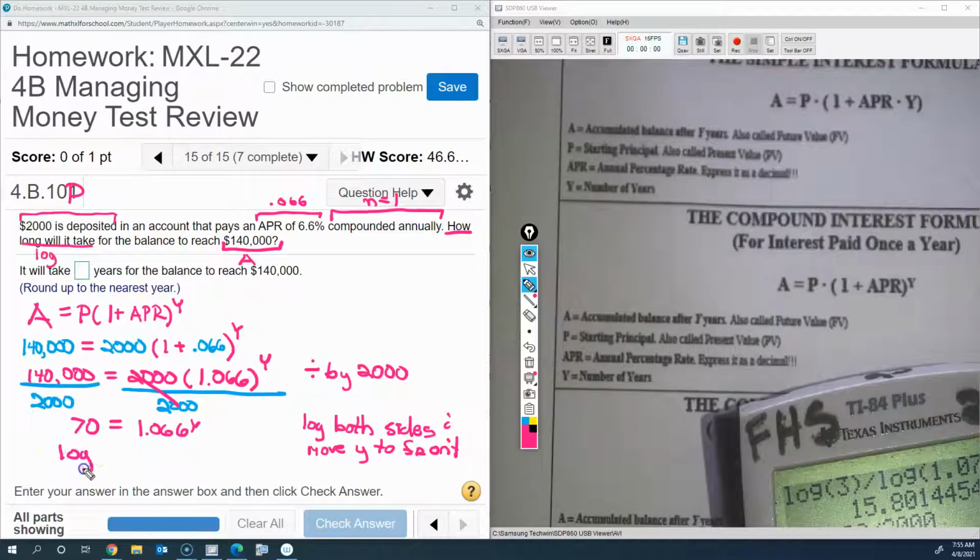So log 70, and I know I can move this y out in front, log 1.066. And then I'm going to divide both sides by the log 1.066.